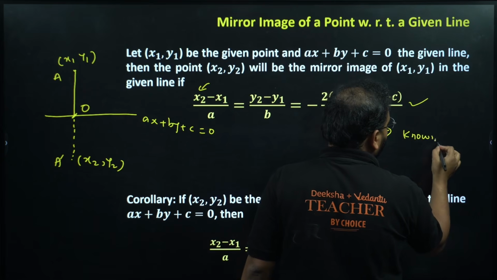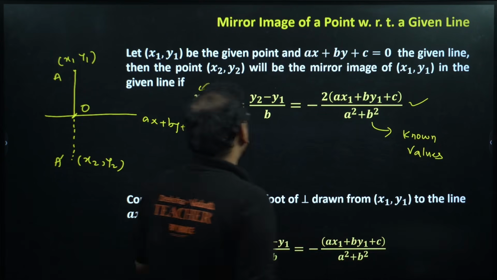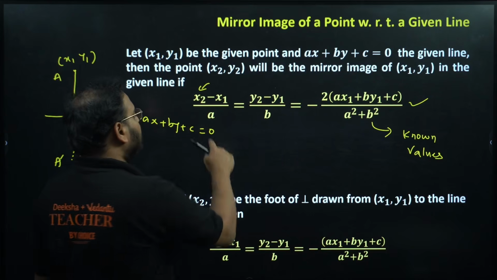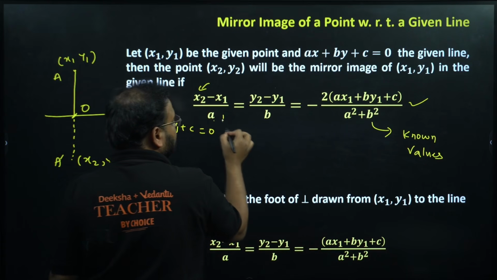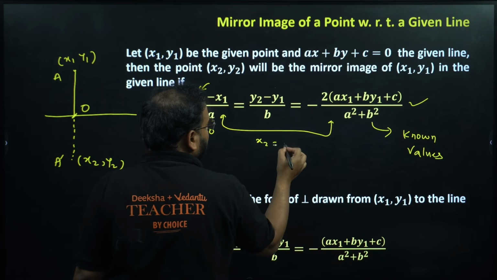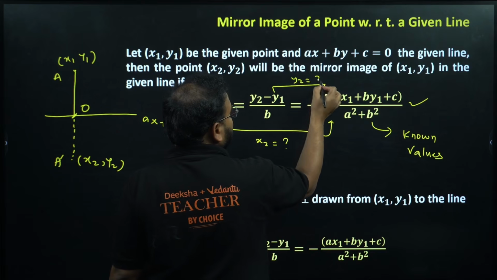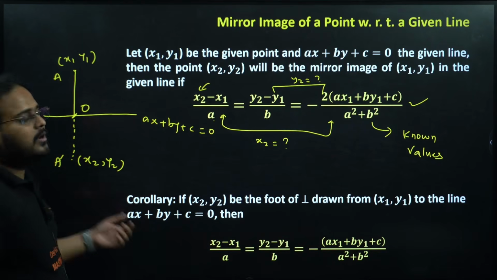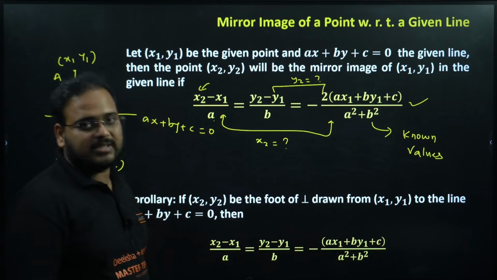Now, if you're finding x2, you will multiply a over there and add x1. You're going to take this and this together to find x2. You'll get the value of x2 from here, and from here you're going to get the value of y2. And what is x2, y2? The image of the point x1, y1 in the line ax plus by plus c.